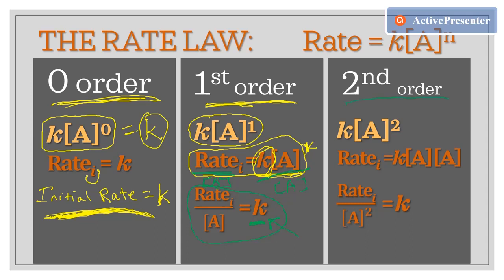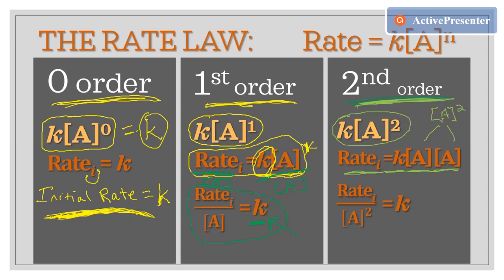Now the second order is K times the concentration of A squared, which is the same thing as the initial rate being equal to K times the concentration of A times the concentration of A, because the concentration of A times the concentration of A is the concentration of A squared, right?